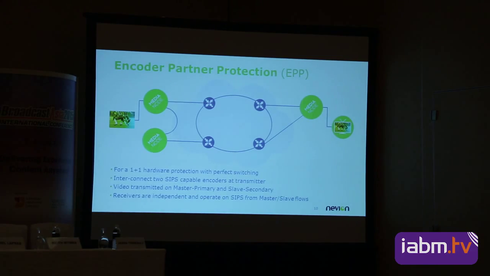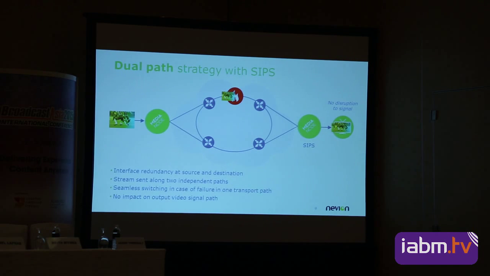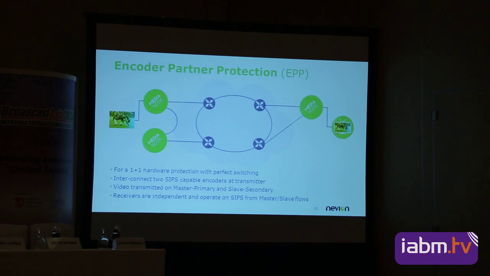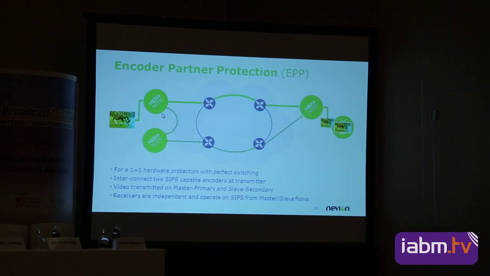With hardware protection, what we essentially would do is to extend this with dual hardware and send the streams down a primary path and a secondary path down to a slave transmitter. Now, because this is entirely Ethernet, this link between the 2 hardware pieces can live over any Ethernet network.